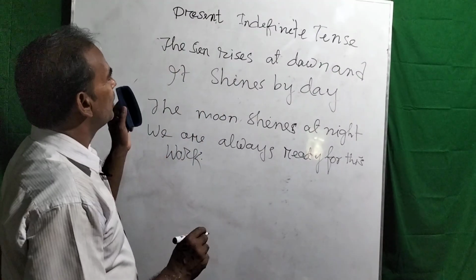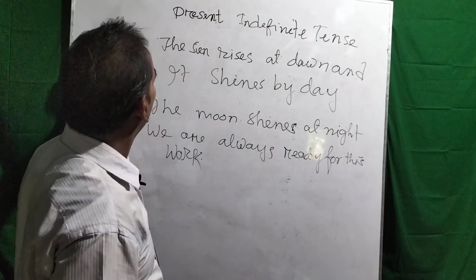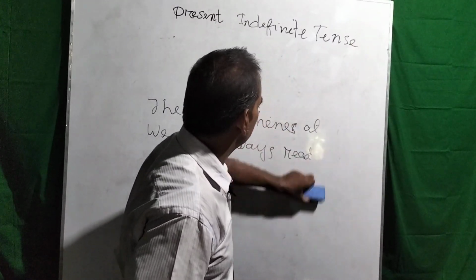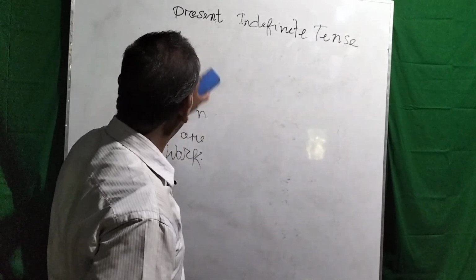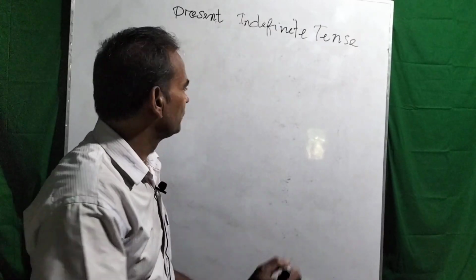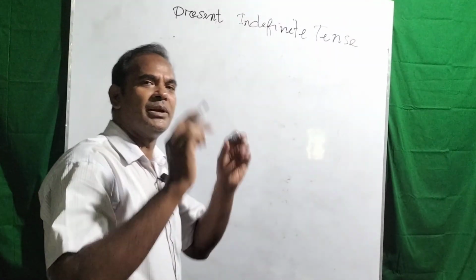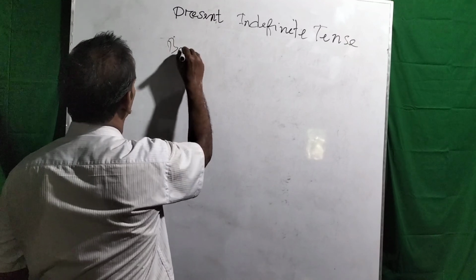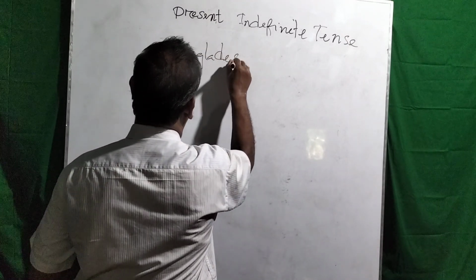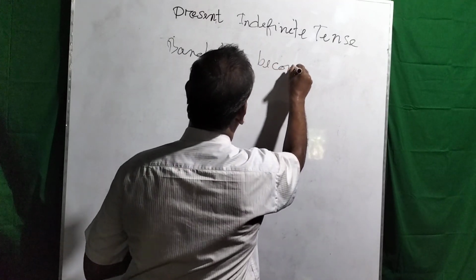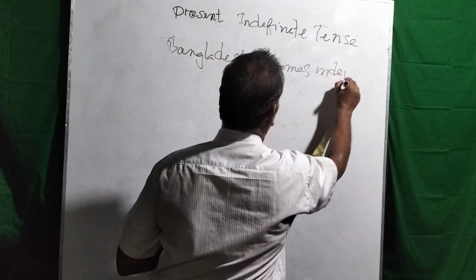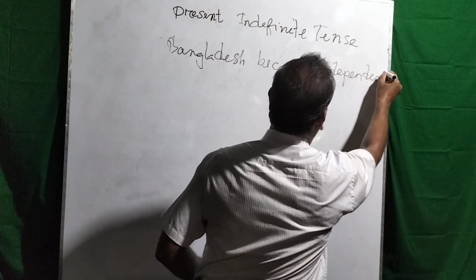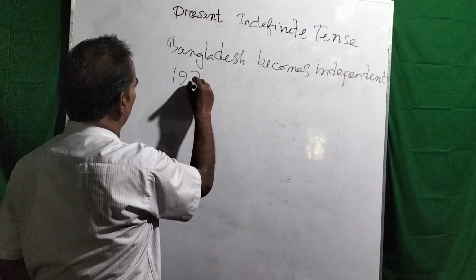Okay, dear viewers, perhaps you have a little bit idea about this tense, and I want to give you some other examples. If we want to use history present, we can use this tense. Suppose Bangladesh becomes independent in 1971.